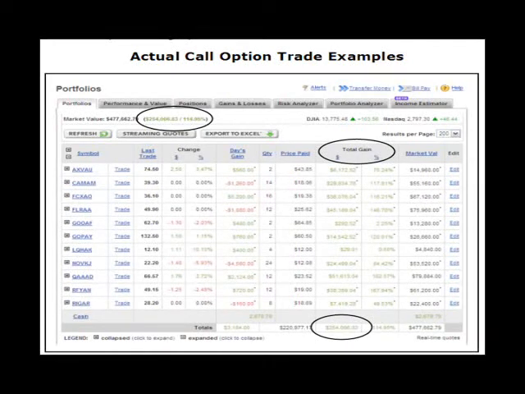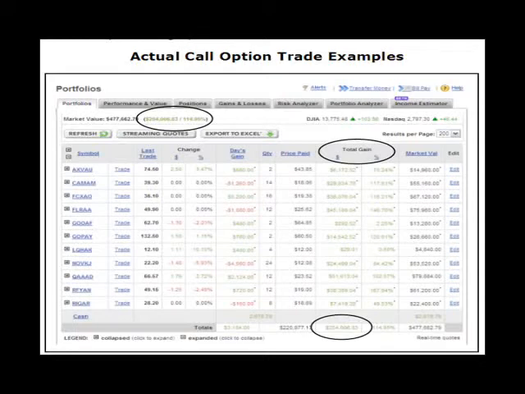My brokerage account portfolio statement that I'm displaying now shows examples of call options I purchased using the MACD major trend or intermediate term trend systems, combined with the 52-week high and leading industry trend confirmation indicators.